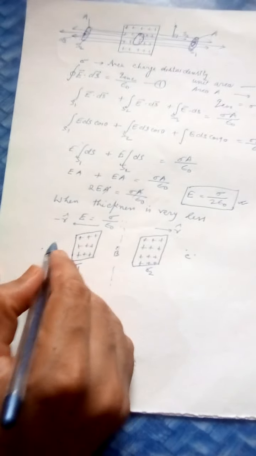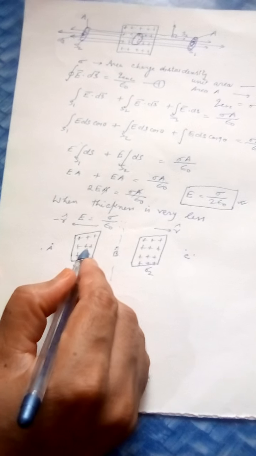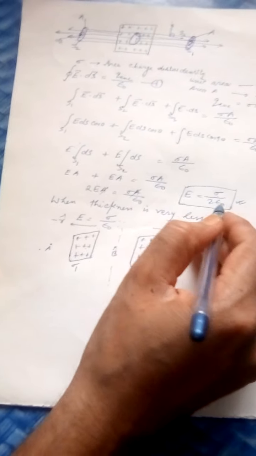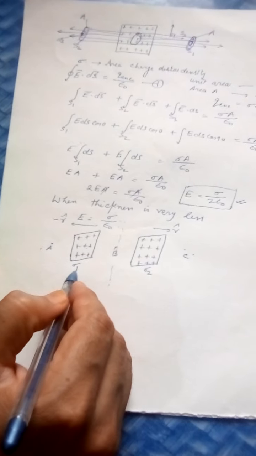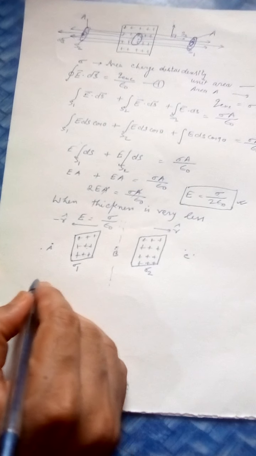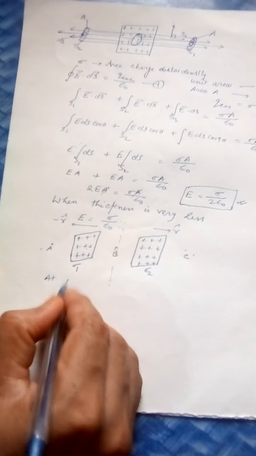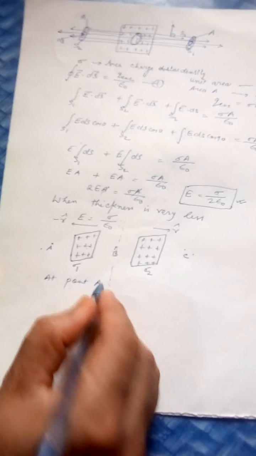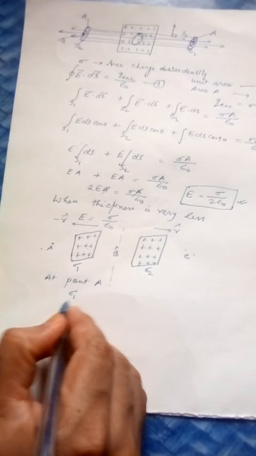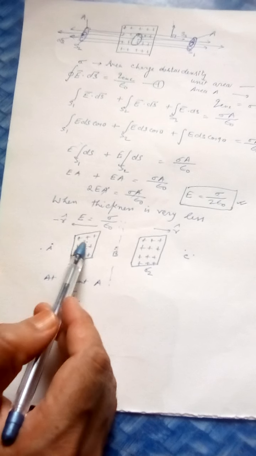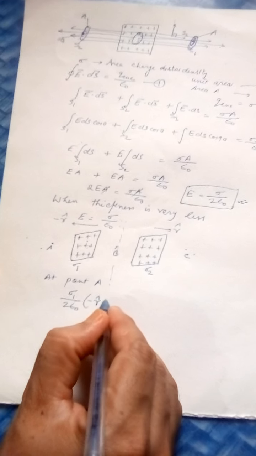Now at point A, due to this sheet, what is the formula? Sigma by 2 epsilon naught. So what is sigma here? Sigma 1 by 2 epsilon naught. So at point A, due to this, sigma 1 by 2 epsilon naught is the magnitude. Direction, we are measuring direction in the left side, so what unit vector do we write? Minus r cap. Plus due to sigma 2, what is the magnitude?